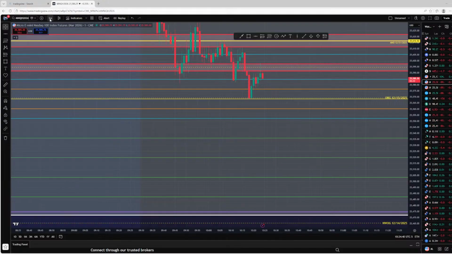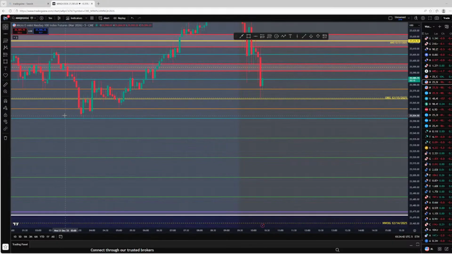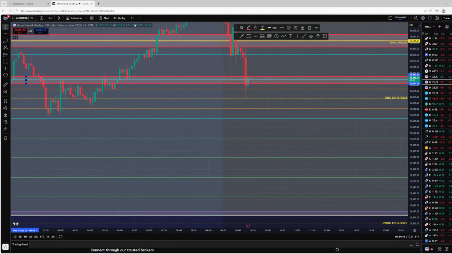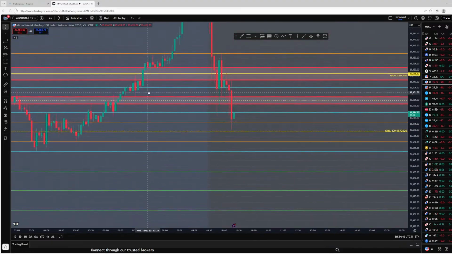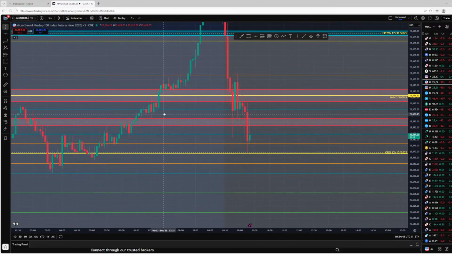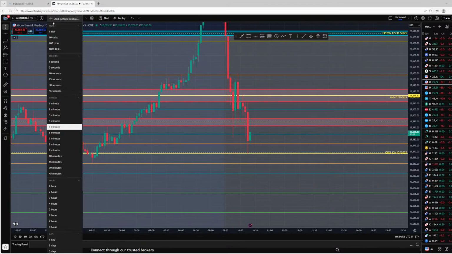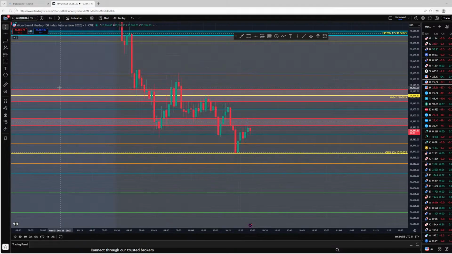Let me look at the 5-minute. It definitely looked like it wanted to continue to sell off, but it's so hard to tell. This price action is horrible.